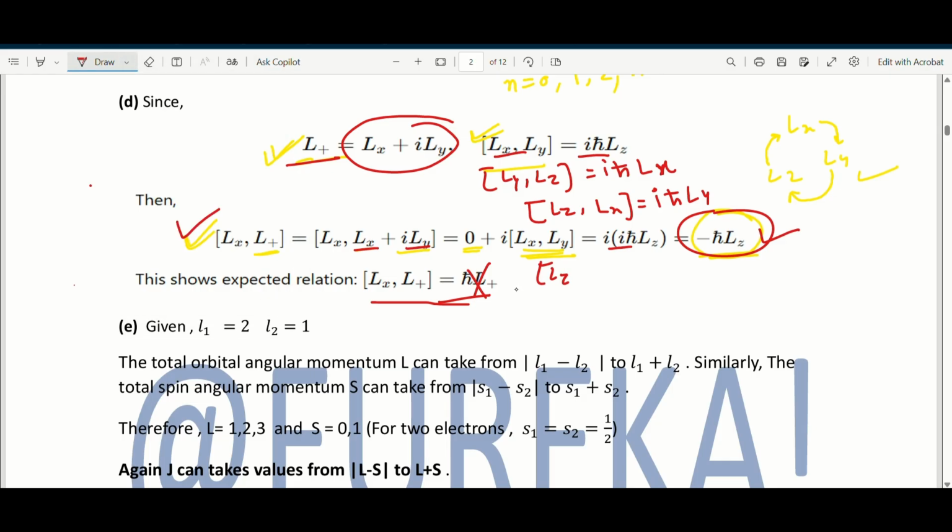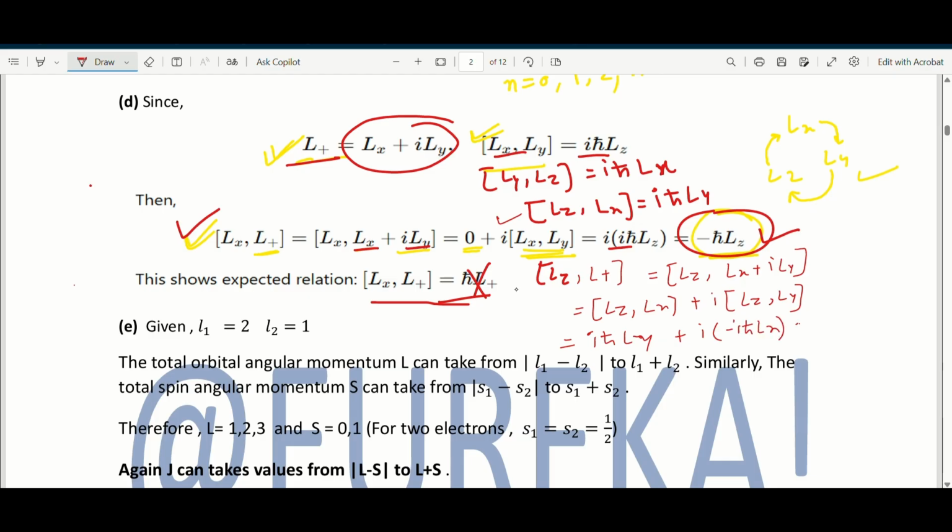The commutation of Lz with L plus is the commutation of Lz with Lx plus iota Ly, therefore Lz, Lx plus iota Lz, Ly. The commutation of Lz, Lx will be iota H cross Ly. The commutation of Lz, Ly is in anticyclic order, so it will be minus iota H cross Lx.